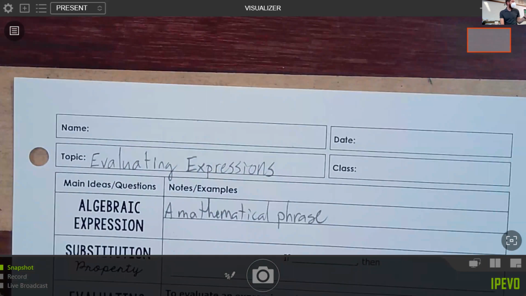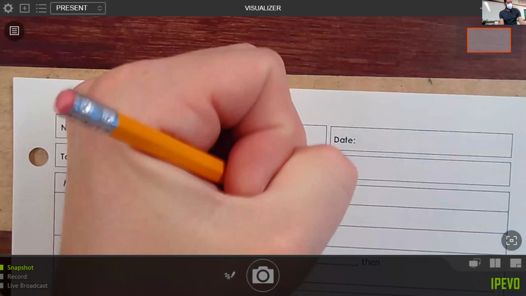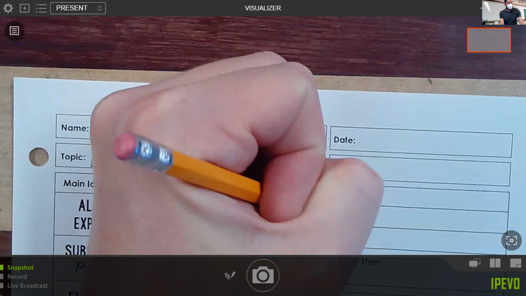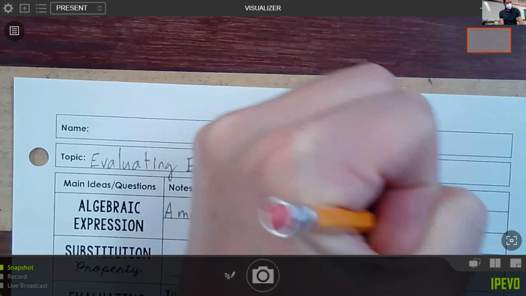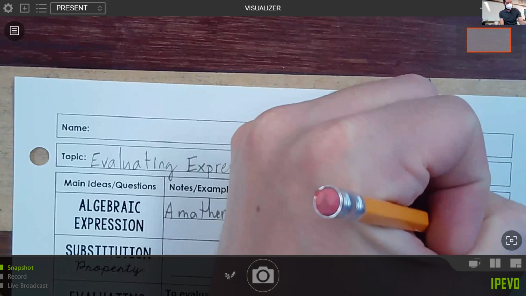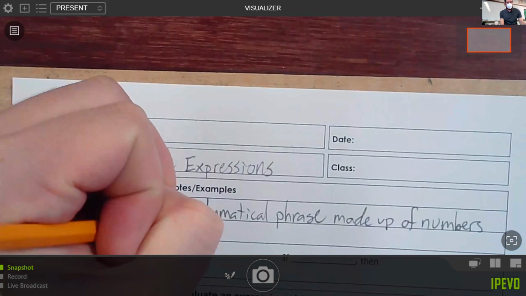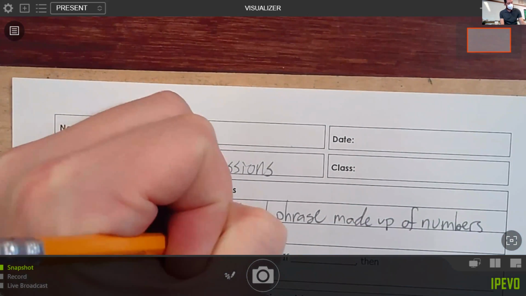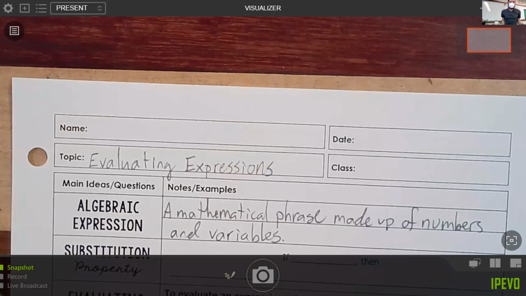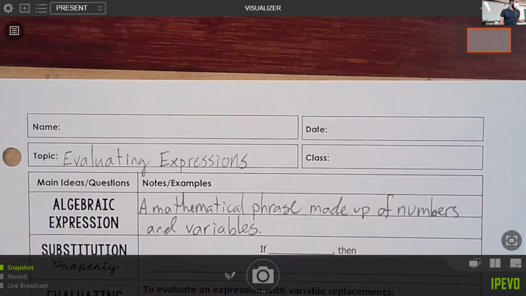It does have numbers in it, made up of numbers and variables. All right. So it's a mathematical phrase made up of both numbers and variables.